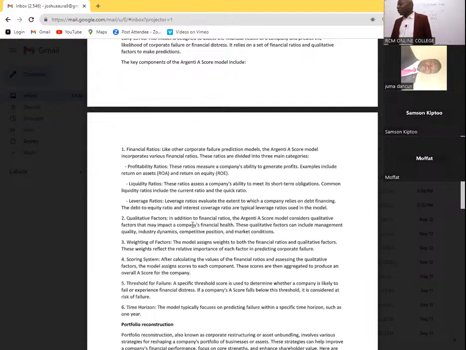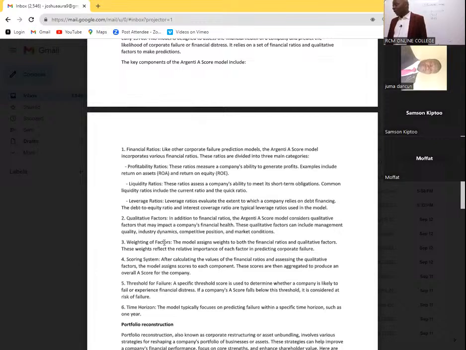We are told, in addition to financial ratios, the model considers qualitative factors that may impact a company's financial health. These qualitative factors can include management quality, industry dynamics, competitive position, and market conditions.